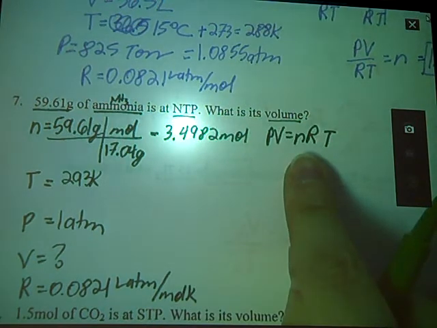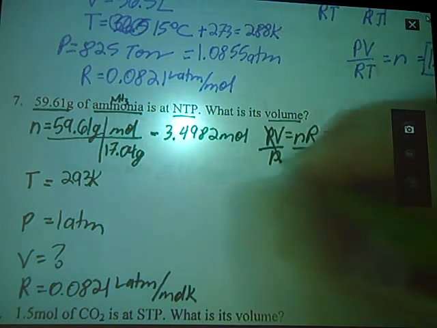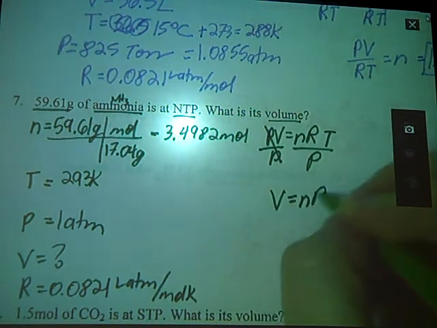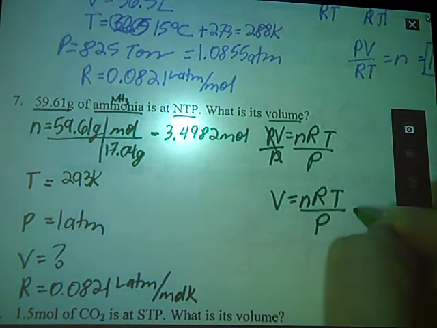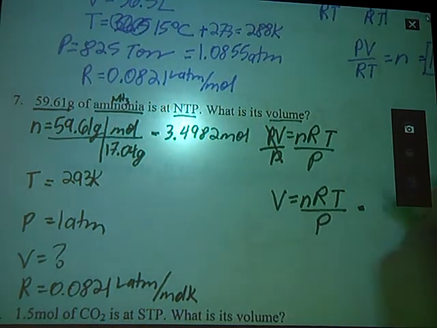I'm looking for V, so I've got to get the V by himself, which means I need to get rid of that P. So V equals nRT over P. Just plugging in my numbers, 3.4982 times R times T divided by P.